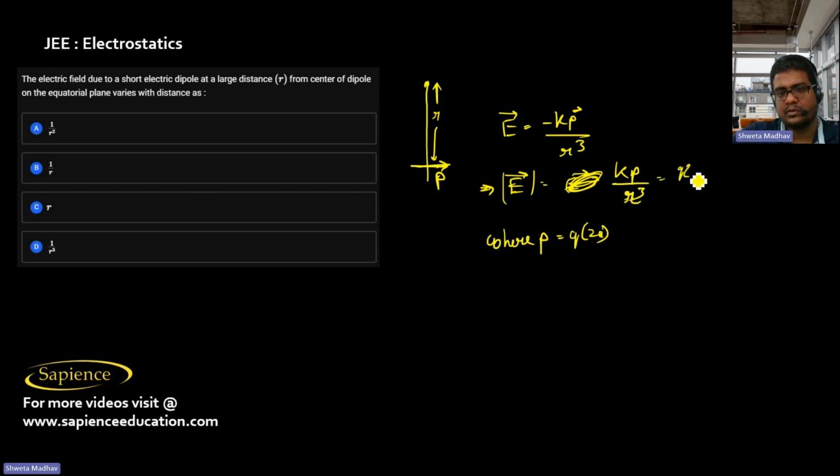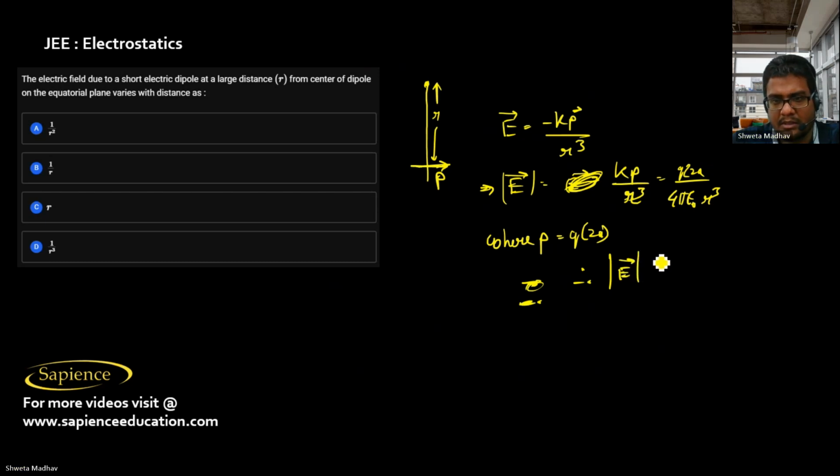It is equal to q into 2a by 4 pi epsilon naught into r cubed. So therefore, you can say that the magnitude of the electric field will depend only on 1 by r cubed. So the magnitude of the electric field will vary as 1 by r cubed. So option D is the correct answer.